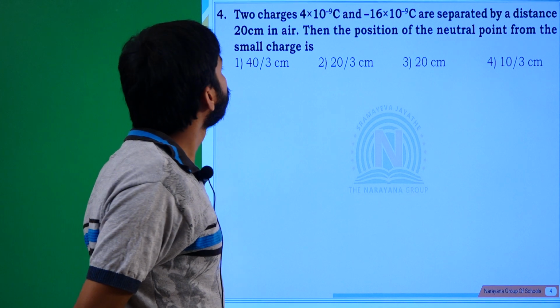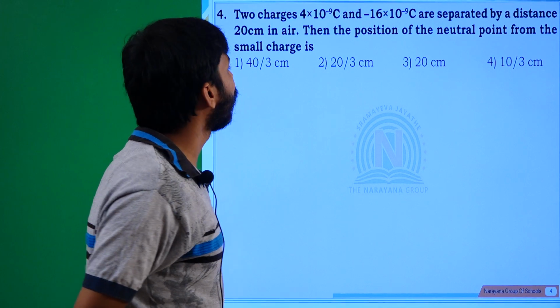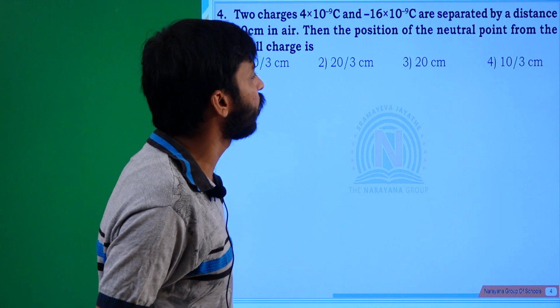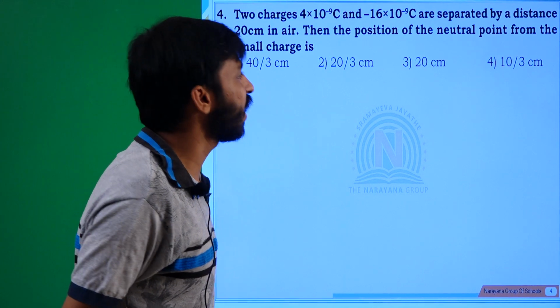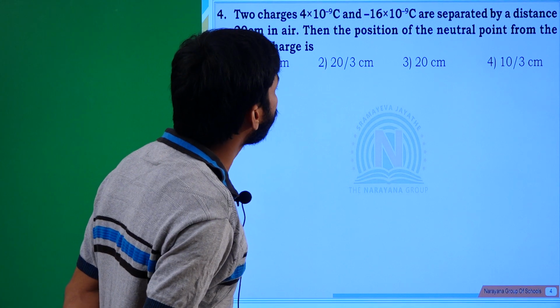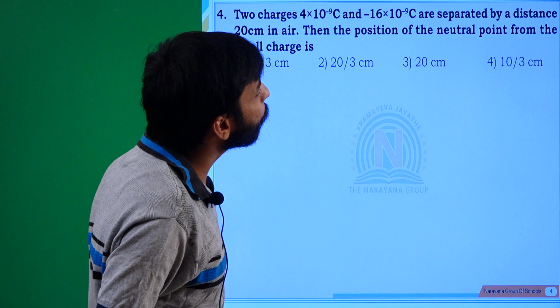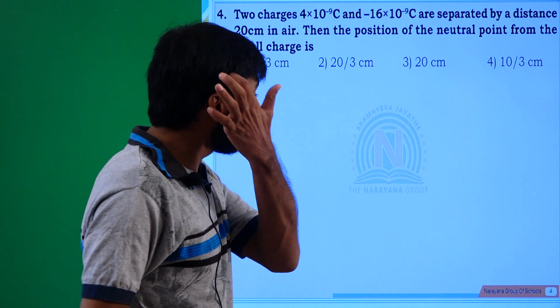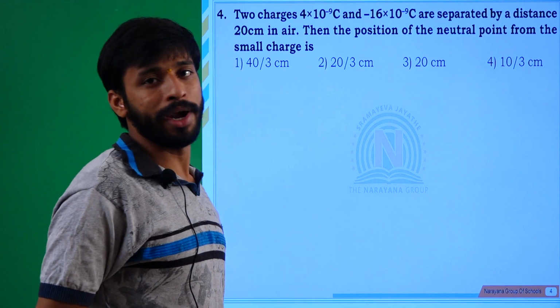And next question: two charges, 4 into 10 power minus 9 coulomb and minus 16 into 10 power minus 9 coulombs, are separated by a distance of 20 centimeters in air. Then the position of the neutral point from the small charge: we have to find the null point here.